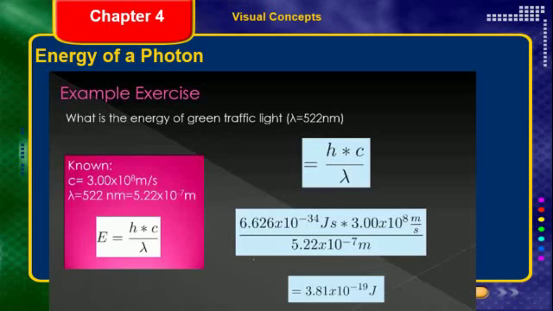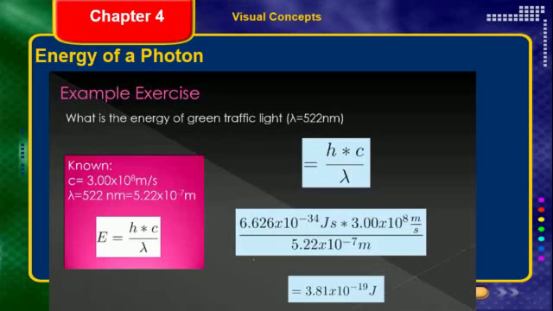Now what you're probably thinking here is that the equation I'm seeing on the screen is not the equation that we saw in a previous slide. I will say it actually is, because two equations ago we saw that there was a relationship between the speed of light and the frequency and wavelength of a particular wave. That's c equals lambda nu. The equation that I gave you on the previous slide was energy is equal to Planck's constant multiplied by nu.